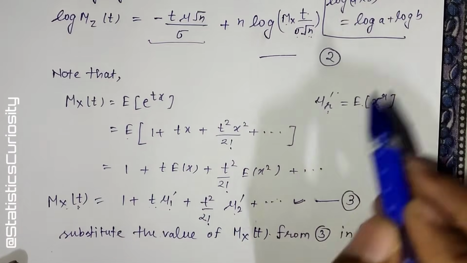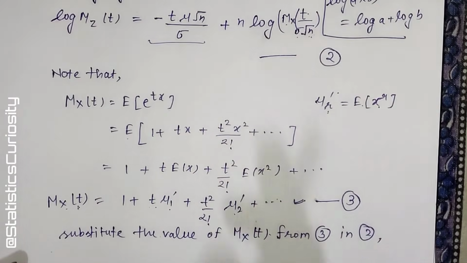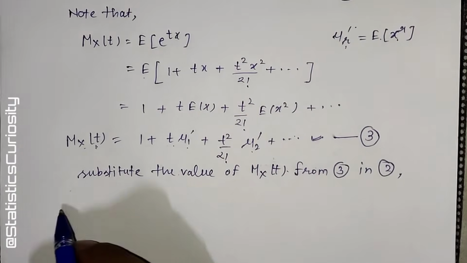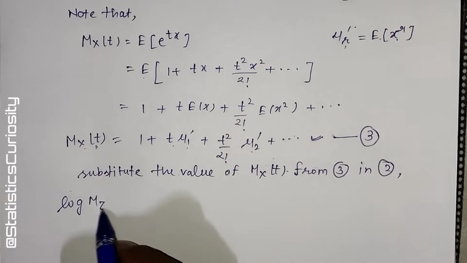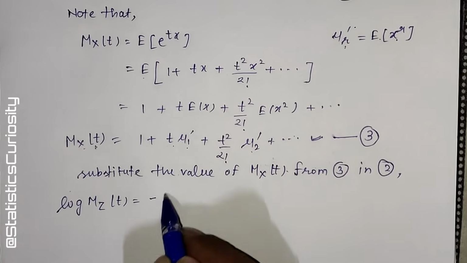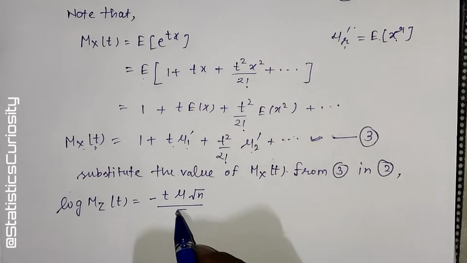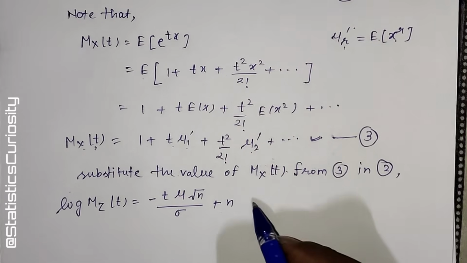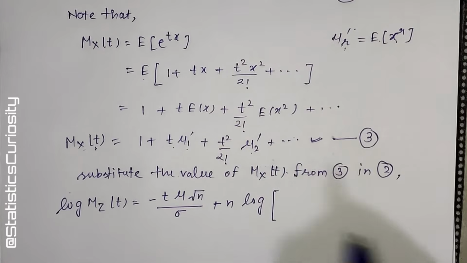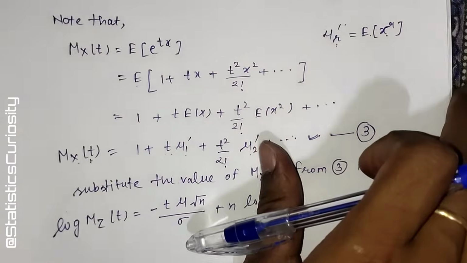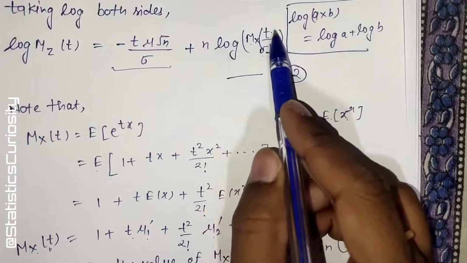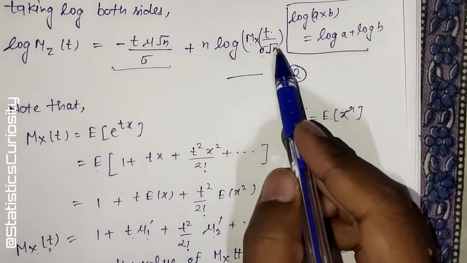So what we will get: log Mz(t) is equal to minus t mu square root of n divided by sigma plus n log Mx(t divided by sigma under root n).